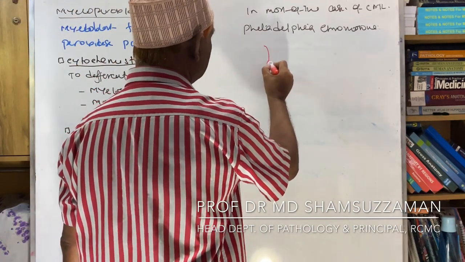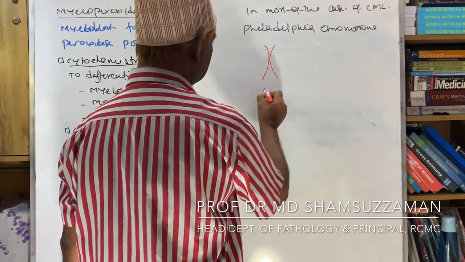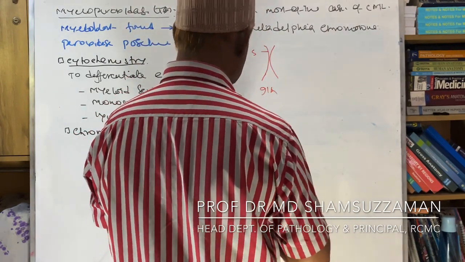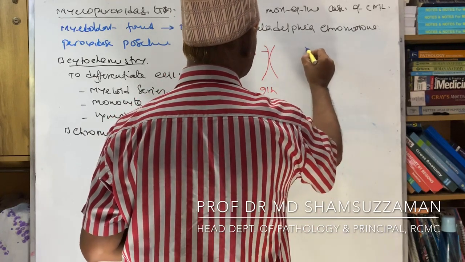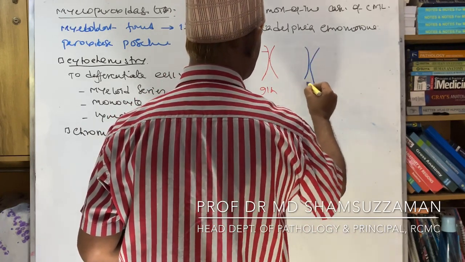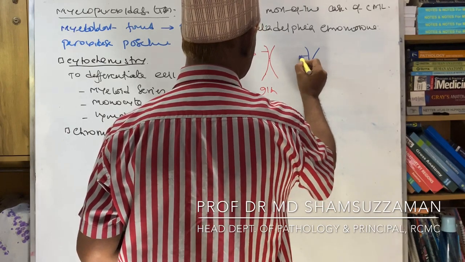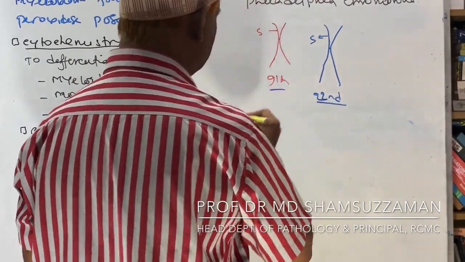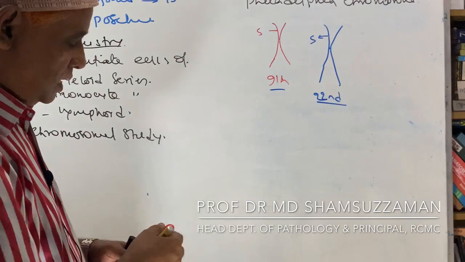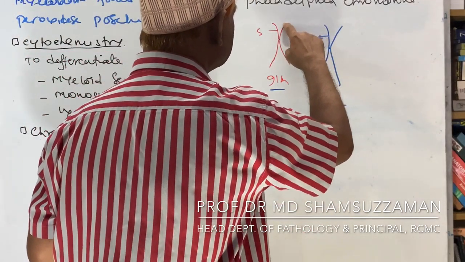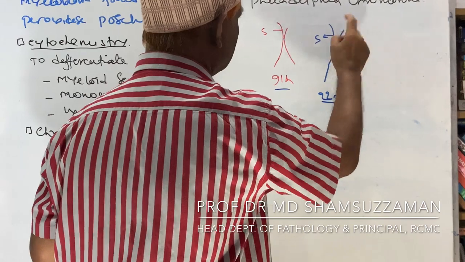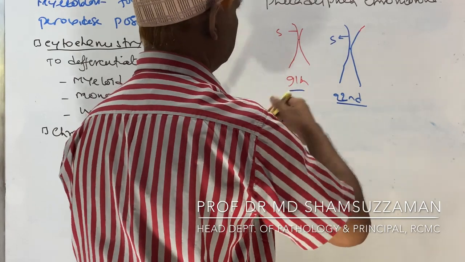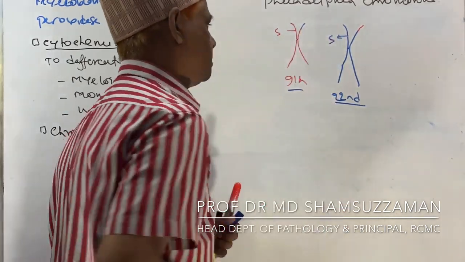If this is the 9th chromosome and this is the short arm, and if this is the 22nd chromosome, with centromere and short arm, and translocation occurs between these two, some portion of the short arm is exchanged, and this is called translocation.